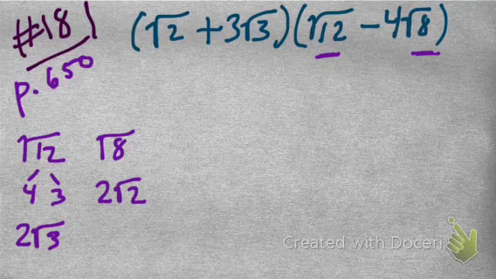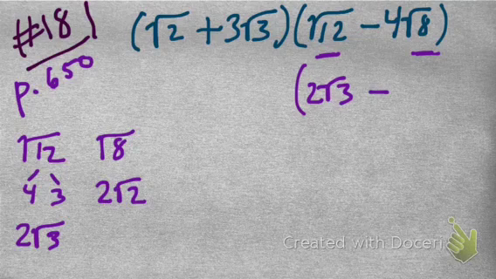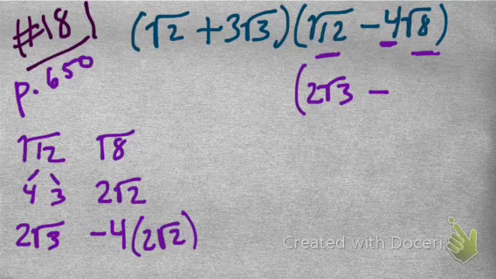So I'm going to rewrite over here with 2 rad 3, and not just, because I've got this 4 right there, it's not just 2 rad 2, it's actually a negative 4 times 2 rad 2, because I'm replacing the rad 8. So that's really negative 8 rad 2.